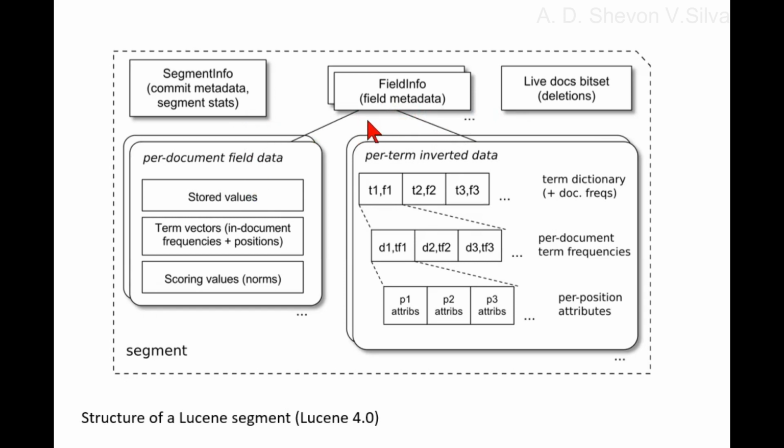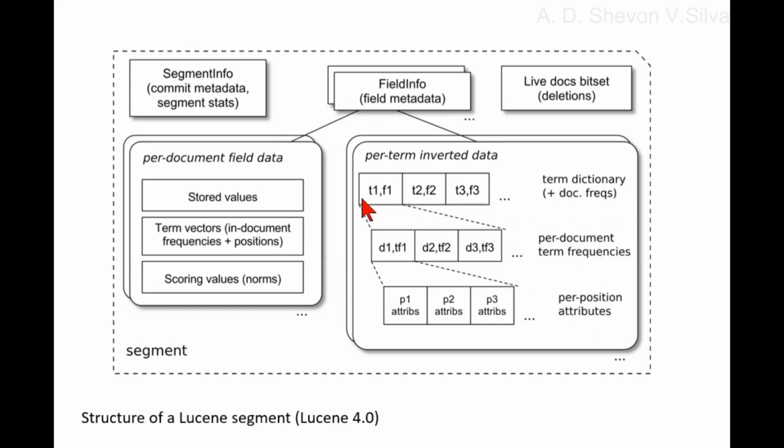Field info interacts with per-document field data and per-term inverted data. Stored values, term vectors, in-document frequencies plus positions, scoring values, and norms are in per-document field data. The term dictionary plus doc frequencies, per-document term frequencies, and per-position attributes are in per-term inverted data.